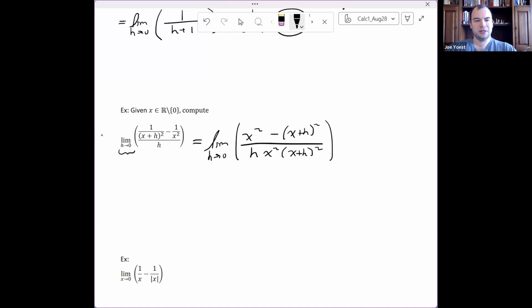Part of being good at Calc 1 is being good at algebra and pre-calc. So things like this, you might not have seen where all of those steps come from. If you didn't, that's perfectly fine. But go through your notes afterwards and fill in all of these blanks. Make sure that you understand exactly what steps I took to get from the first statement to the second statement.